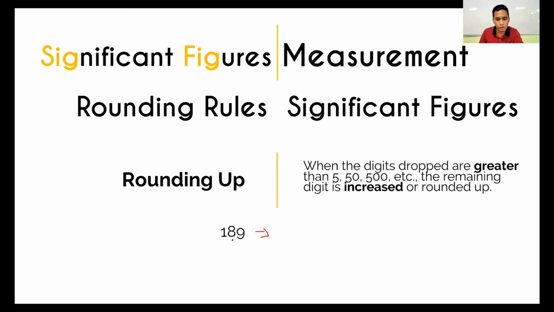Since 8 is greater than 5, you apply rounding up, so it became 200.